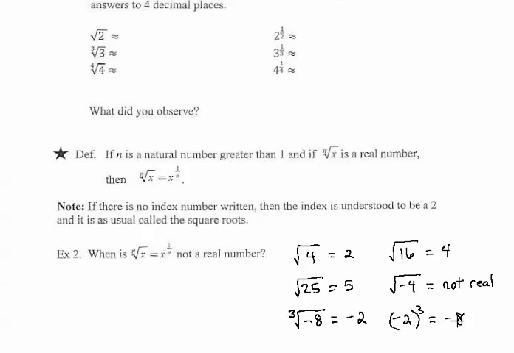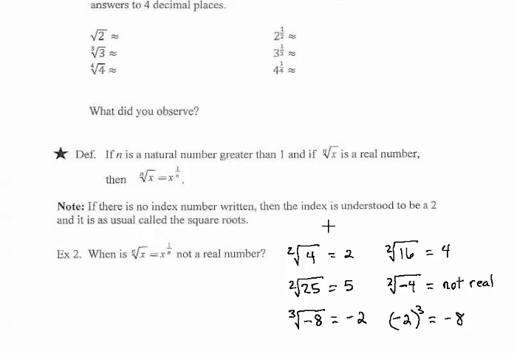We can get this negative whenever the root number is odd. But when it's even, like the 2 up here for square roots, we can't multiply a bunch of numbers together an even number of times and get a negative. It's always going to turn out positive.